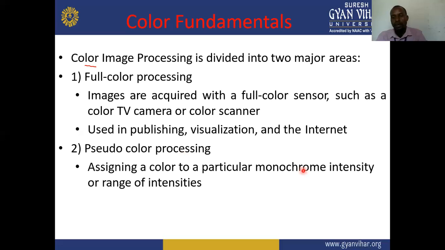So whenever we have one type of color and we want to introduce a different color scheme that was not presently there, that process is known as pseudo color. In this case, we use different ranges of intensities in order to perform the pseudo color. These are the two categories of color processing.